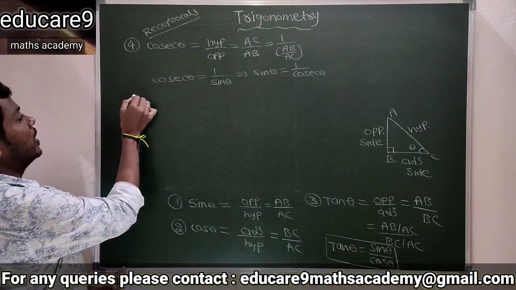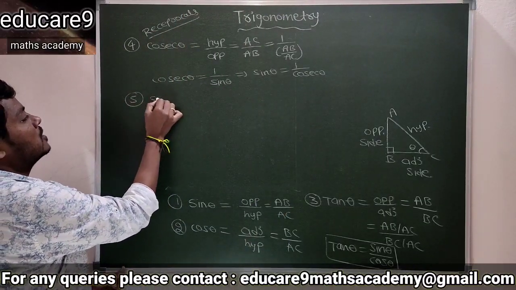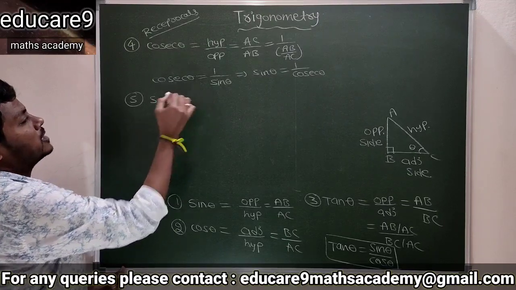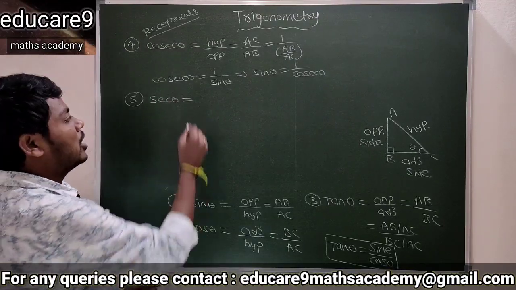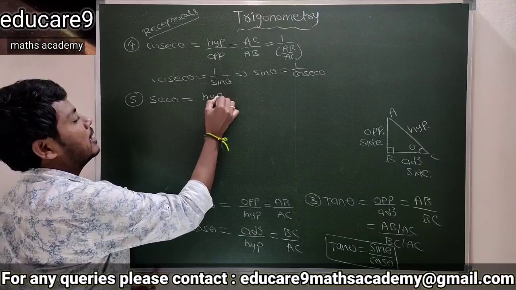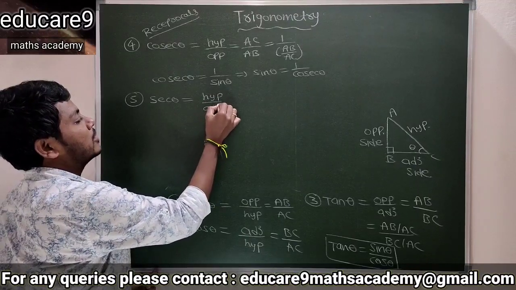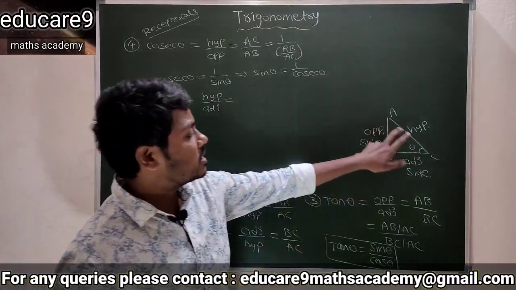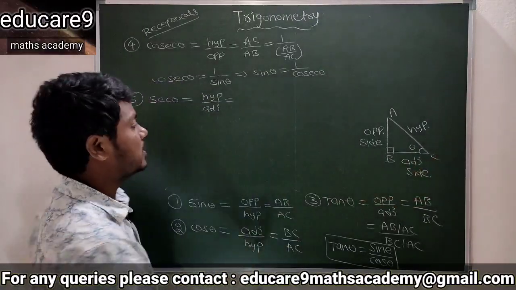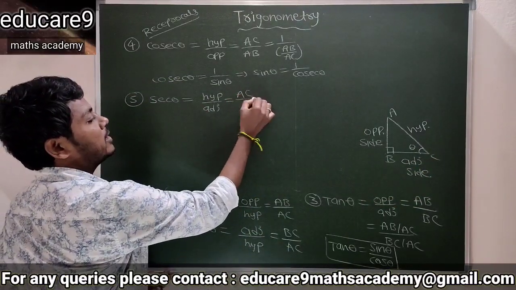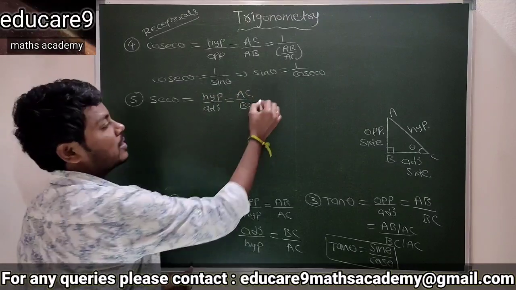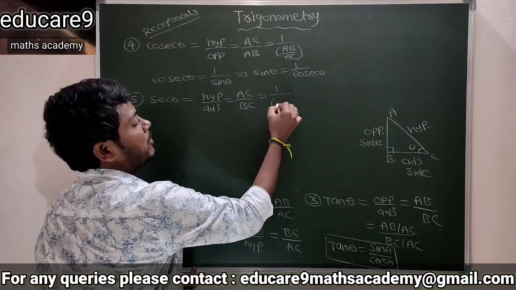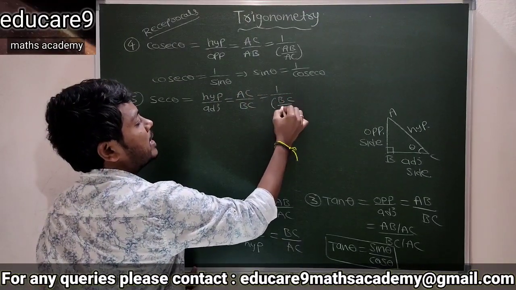So next, the fifth one, sec theta. Here sec theta is defined as hypotenuse by adjacent side. The hypotenuse is AC, and the adjacent is BC. So this is AC by BC. Now this can be written as 1 by BC by AC.